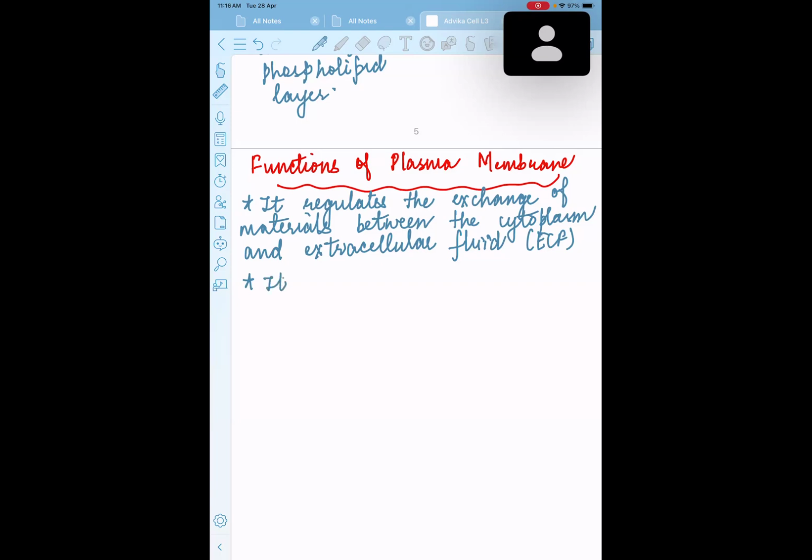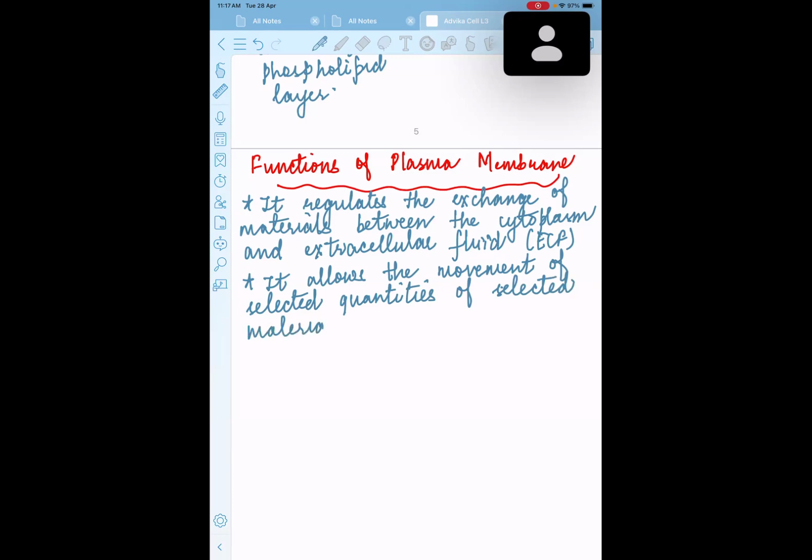Then it also allows selected molecules to pass through. So it allows movement of selected quantities of selected material. So they will decide how much quantity has to come in or go across.